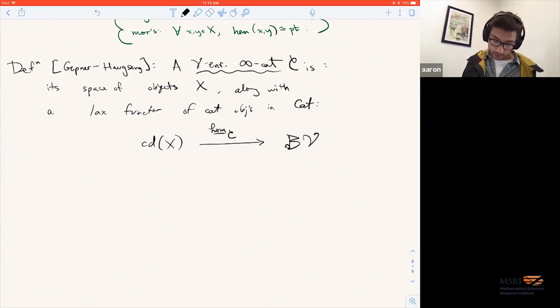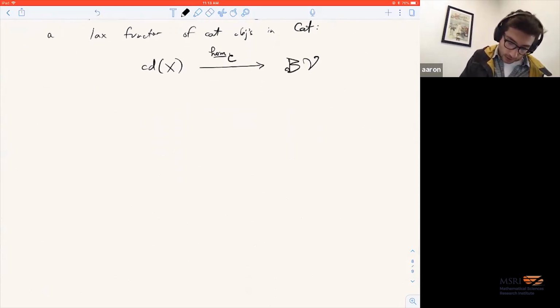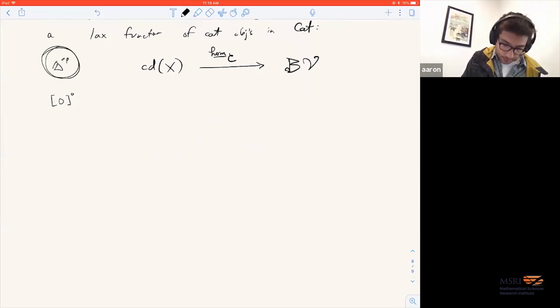So let's unpack what this could mean. Well, I'll just describe it in the lowest dimensional cases. So this is stuff in Delta op. I've got the object 0. I put that little circle to remind myself it's actually in the opposite category. There's the object 1, and there's the object 2.